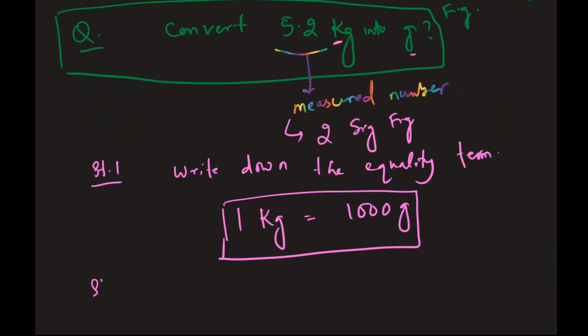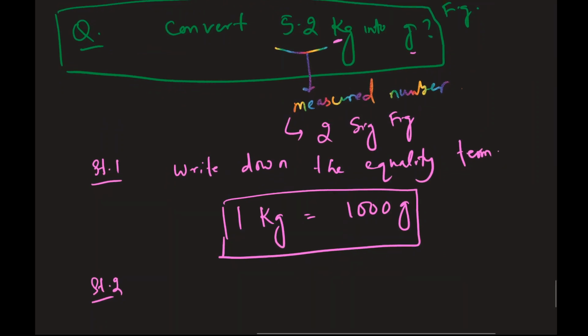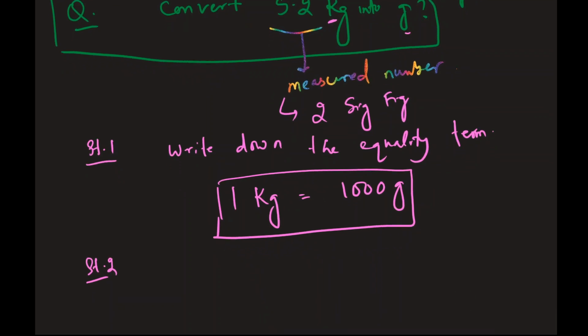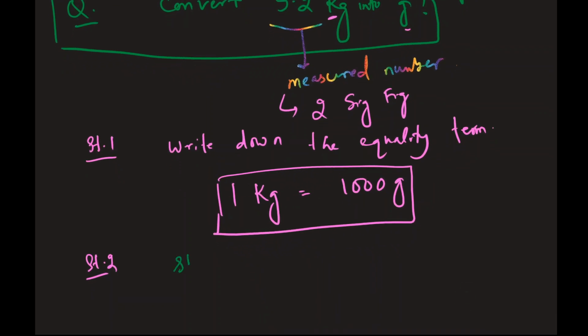Then step 2. When I ask these questions in a test, I give most of the conversion equality terms, so then you have to write conversion factors. But since this time it is a take-home exam and you have the notes, you can use your notes to find all these equality terms. So step 2 is to write the conversion factors.